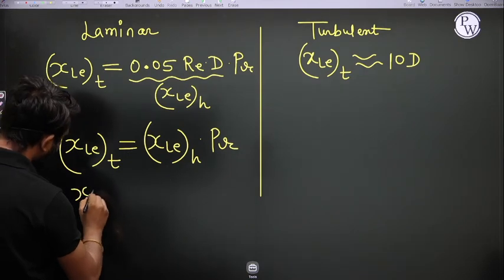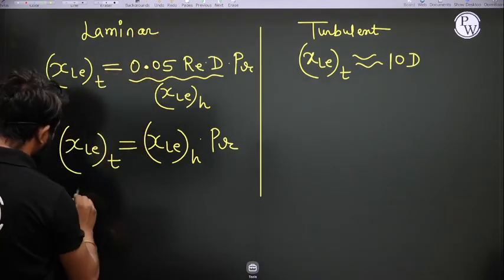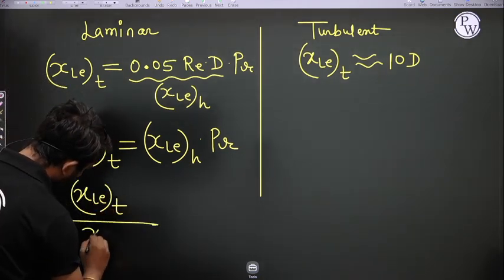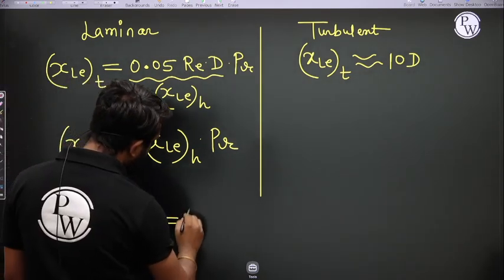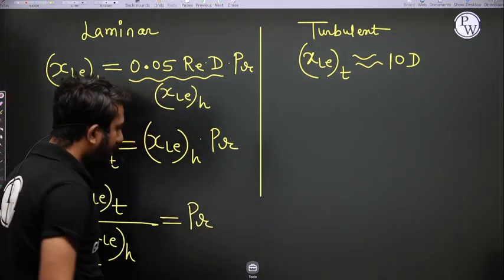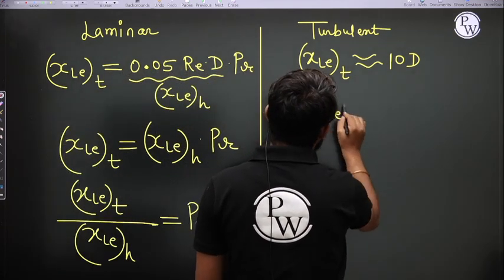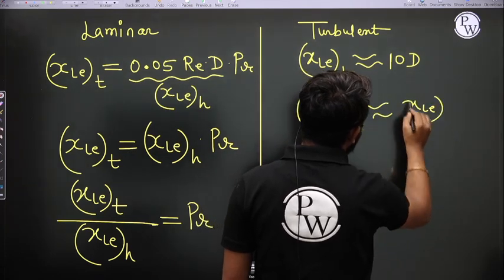This relation is very, very important. The ratio of thermal entrance length to hydrodynamic entrance length is equal to the Prandtl number.